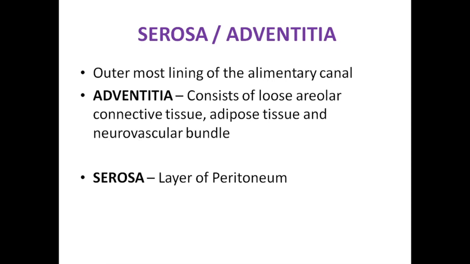Neurovascular bundle means blood vessels, that is artery and vein, and the nerve present in that outermost layer. So serosa and adventitia will not both be present together. Either serosa or adventitia will be present, depending on whether the structure is peritoneal or retroperitoneal.